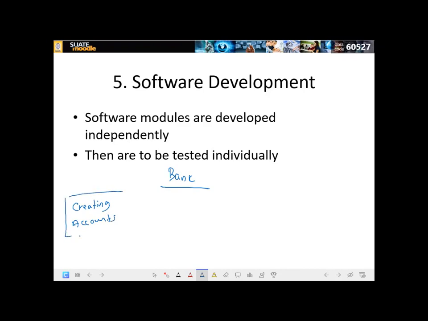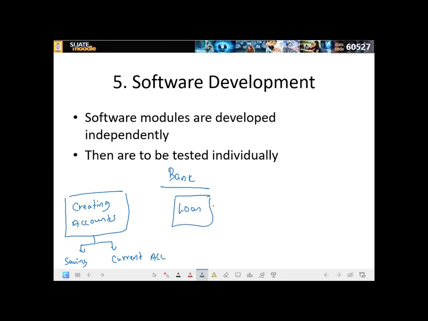This is one module. Even within this module there are two categories at least: one is savings account creation, the other one is current account. Then we need another module for the loan department.